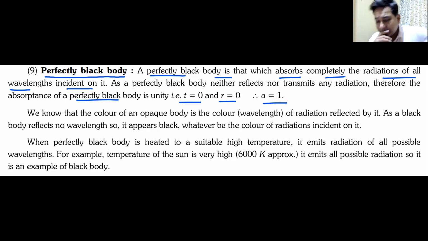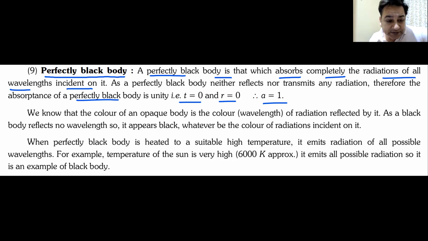What is a perfectly black body? A perfectly black body is a body that absorbs everything, whose absorptive power or absorptance is 1, whose reflectance and transmittance are equal to 0.